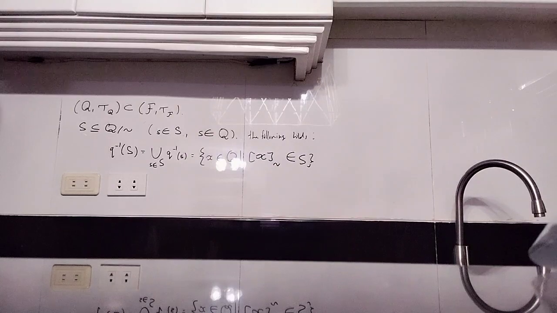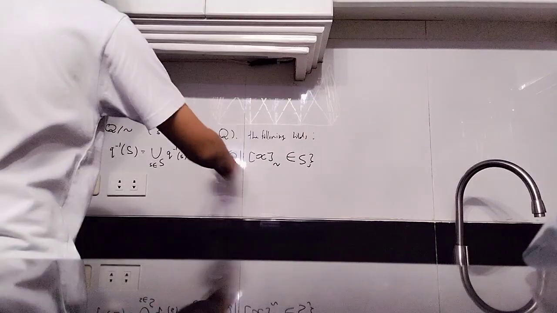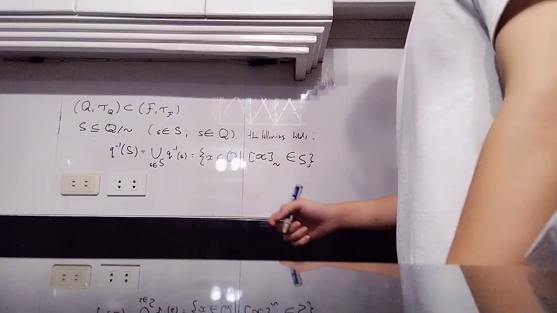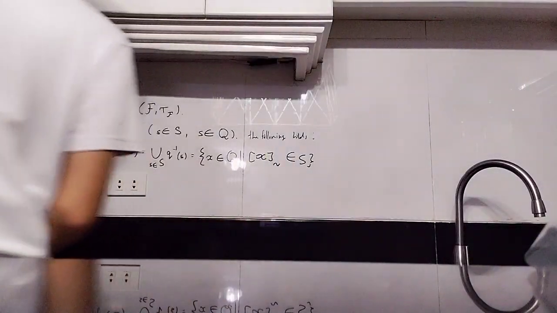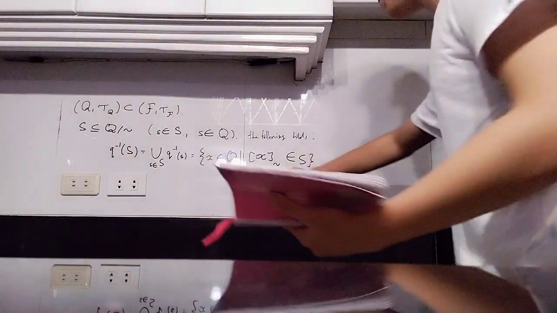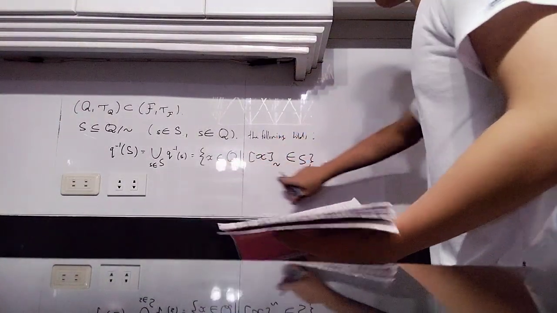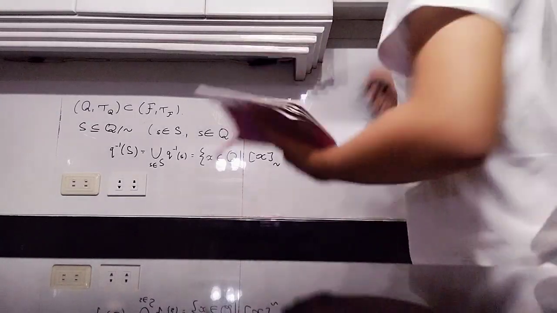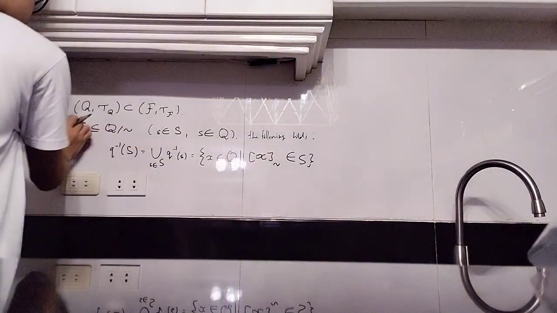So the family of all U such that this is true is the basis of the quotient topology. Keep this property in mind and take note of it, because I'm going to erase it.